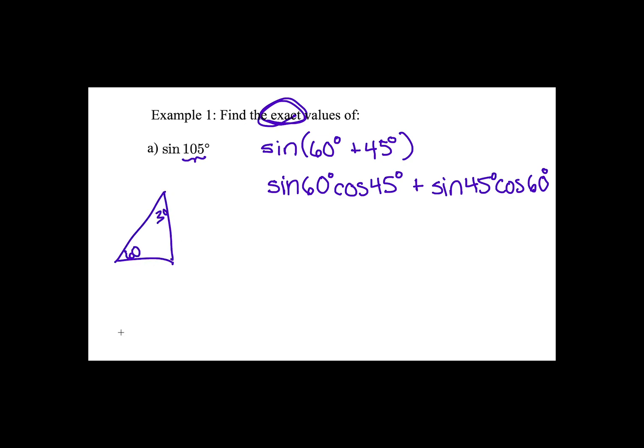So we need to talk about our 30-60-90 ratios and our 45-45-90 ratios. And these are all going to be positive since 60 degrees and 45 degrees are in the first quadrant. On a 30-60-90 triangle, the shorter leg is 1/2 and the longer leg is √3/2.